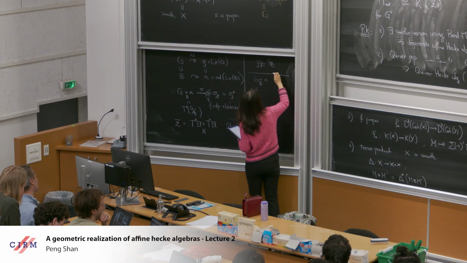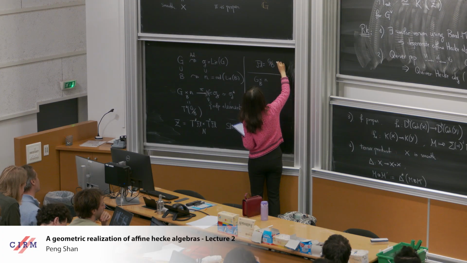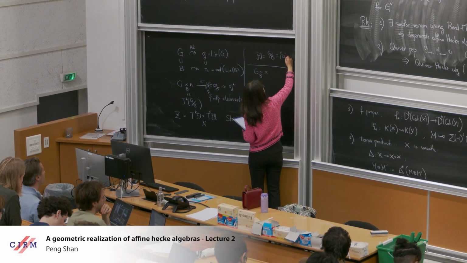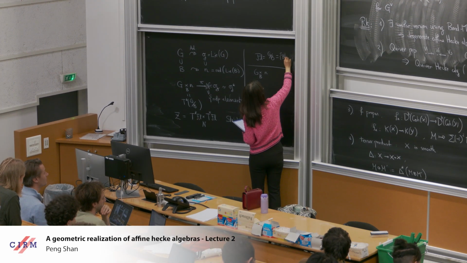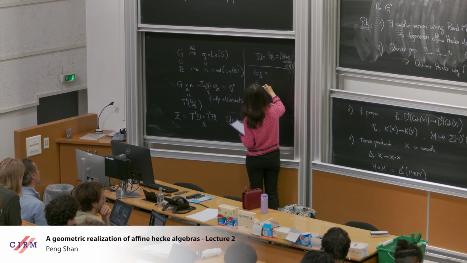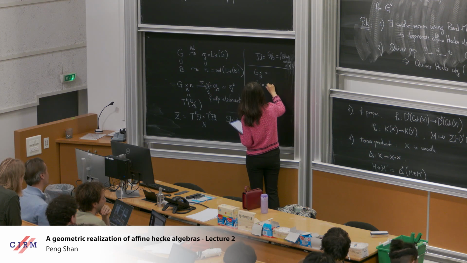So we know the flag variety is all the Borel subalgebras in G. So let's say a Borel subalgebra in G, and then this can be identified with the pairs X and, let's say, a Borel.